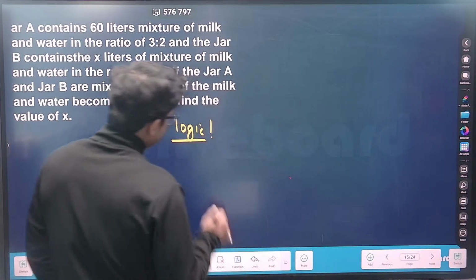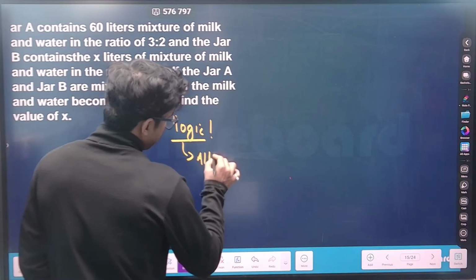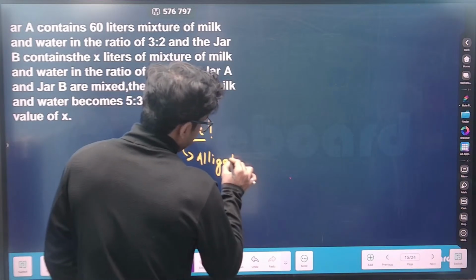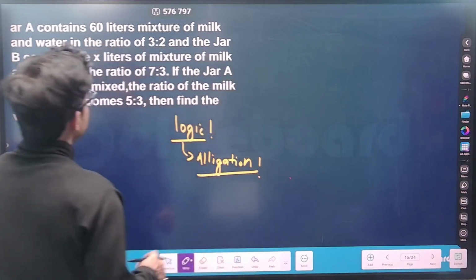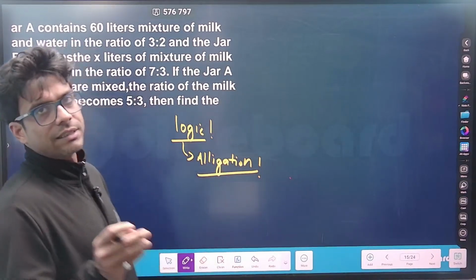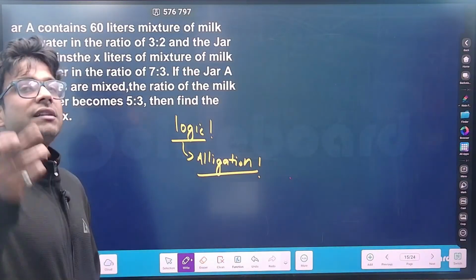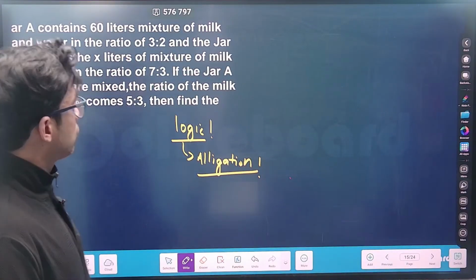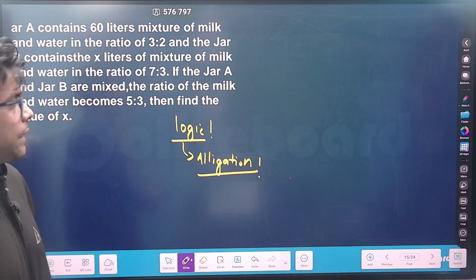Now I will be using the method which is called alligation. Why? Because these questions can be solved easily through alligation. As I said, there are many methods, and many things can be solved through the easiest process. So why should we go for a hard process?